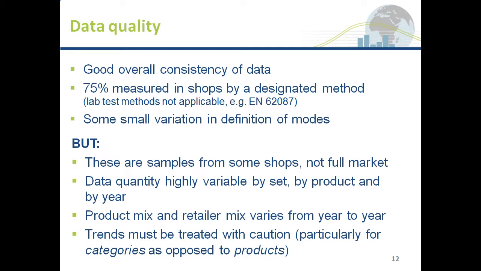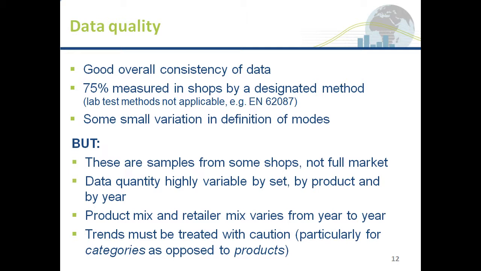Now, in particular, when you're looking at long-term data sets, there is no guarantee that the same types of product are being measured between consecutive years within any country, and so that may give rise to changes in average power. Similarly, different retailers were used in many of the measurement activities from year to year, so that may also influence the typical standby powers measured.